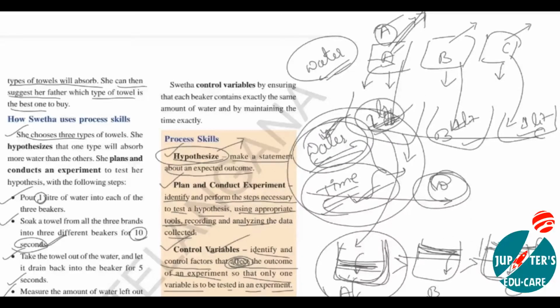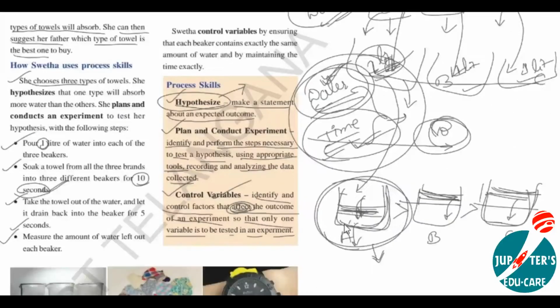If you compare all the beakers with the first amount, in beaker A there will be less water. So the towel we kept in beaker A absorbed more water, and that's why that towel is a quality towel. So these are the different process skills which we can use in our investigations or experiments.